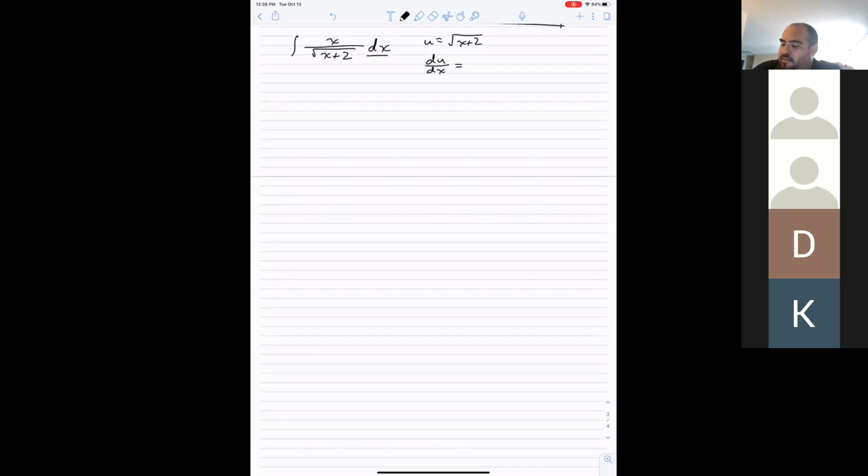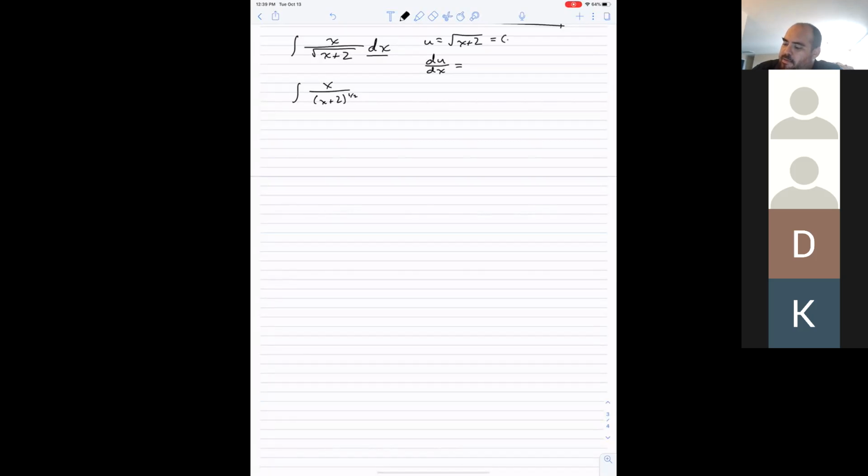If I may, go ahead. I would set the expression to the exponent of 1/2, and then just use the power rule. So in the du dx, I would make it 1/2 instead of the square root.